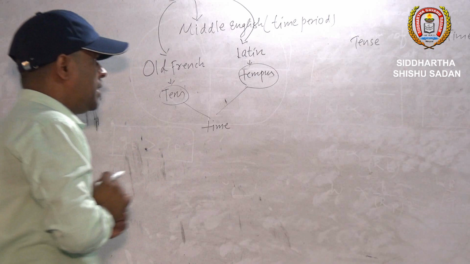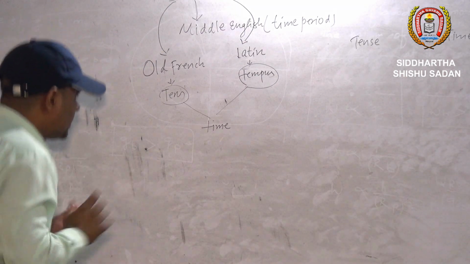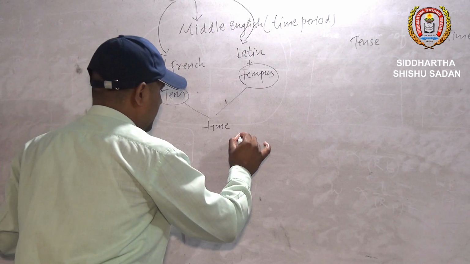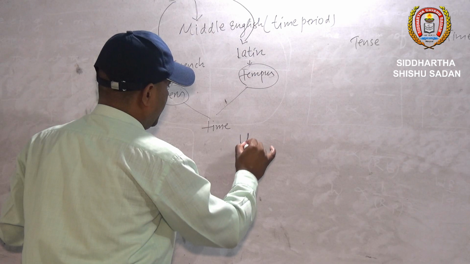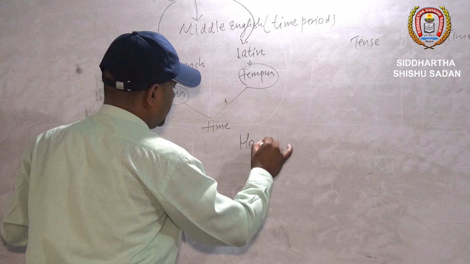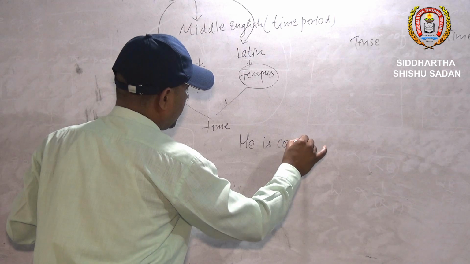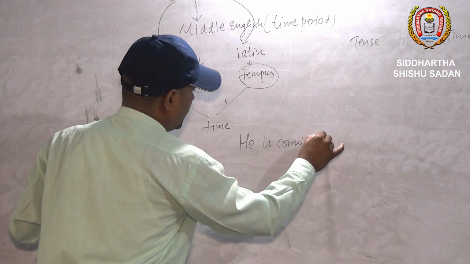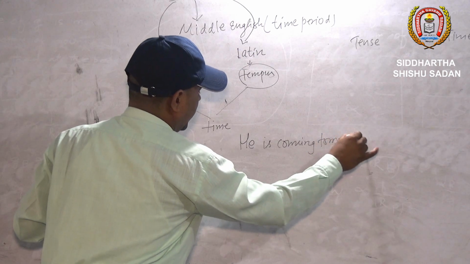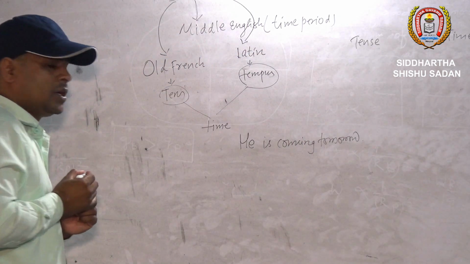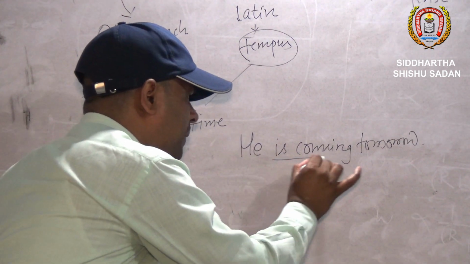See, first thing, tense. Let me give you one example here. He is coming tomorrow. See, okay. Tense always denotes the form of verb.